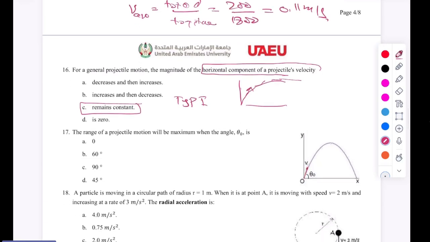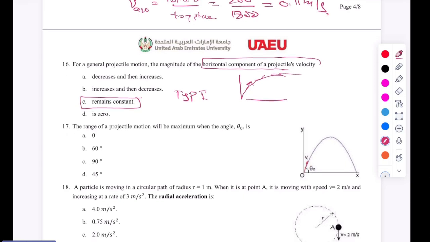Okay, so the range of the projectile motion will be maximum. The range of the projectile has a formula, R equals Vi squared sine 2 theta over g, where Vi is the initial velocity.